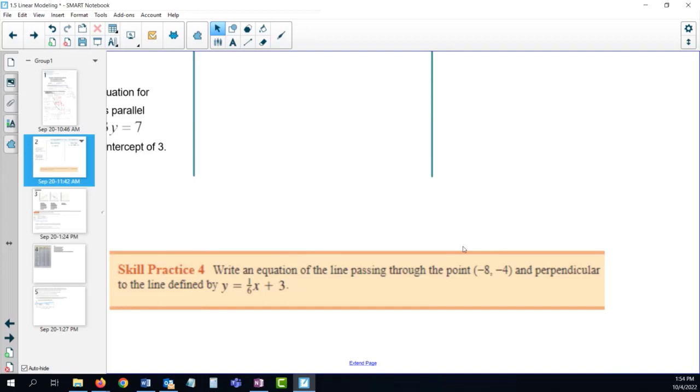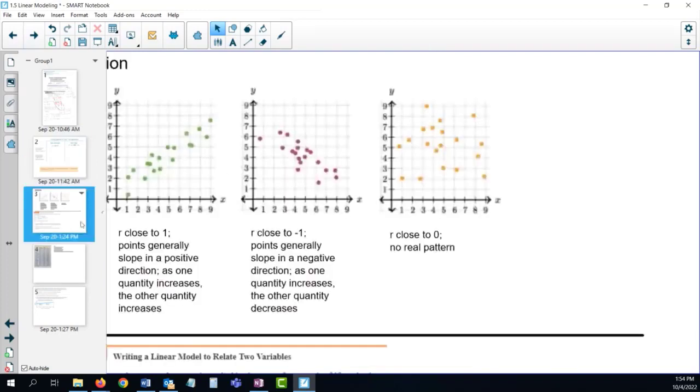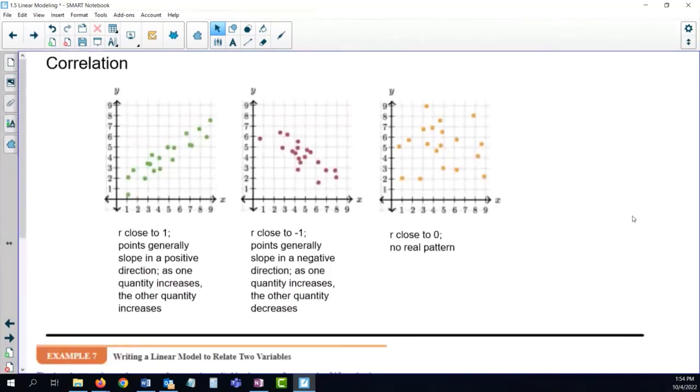So skill practice 4. Give that one a shot on your own as well, and then come back and watch the video once I post it, and then see how you did. So next part of this section is correlation.